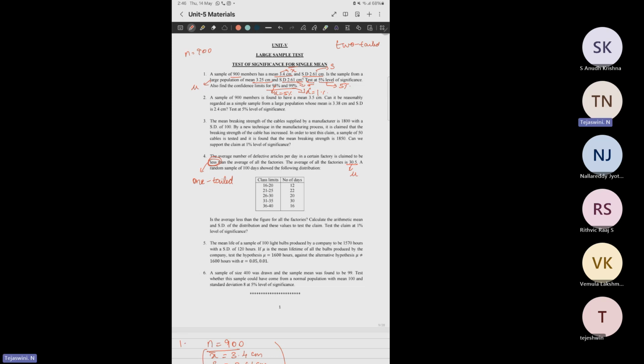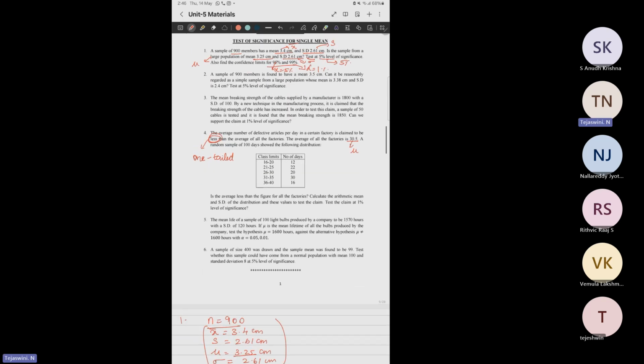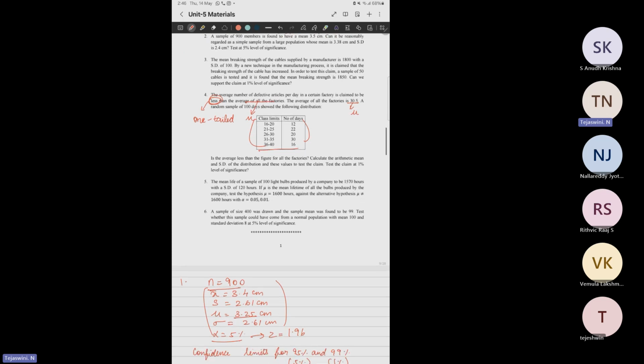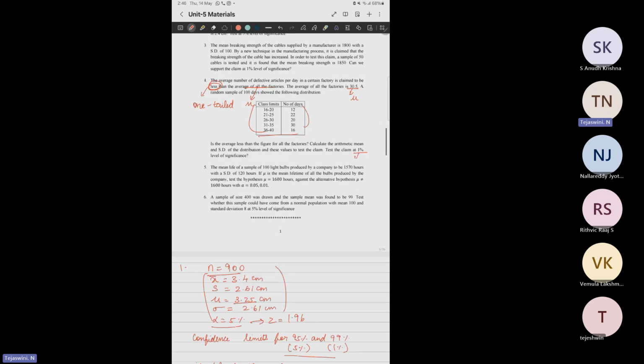So we'll assume the average number in all factories to be mu. The class for the certain factory is given here, and then the number of days is given here, defectives and stuff. So we have to test at 1% level of significance.